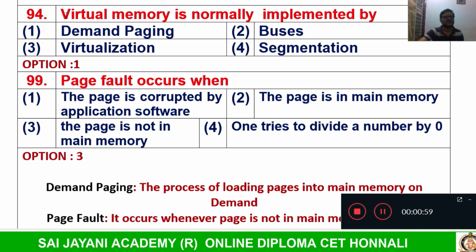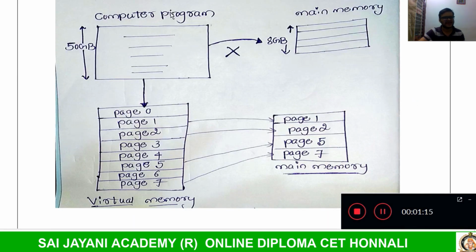Then, what is meant by virtual memory? A virtual memory is the space present in the hard disk or the secondary memory, or it can also be defined as the portion of the secondary memory or the hard disk. Suppose we have a computer program of 50 GB and the main memory of 8 GB.